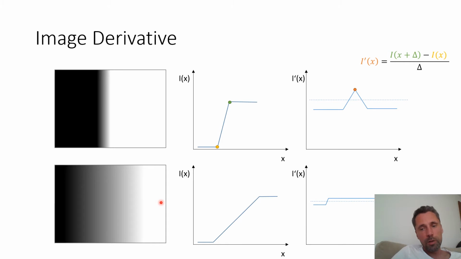And you can now see what the challenge here is with this gradual change. If we still want to detect this as an edge, we would have to finely tune that threshold, and there's no clear path towards an automatically determined threshold.